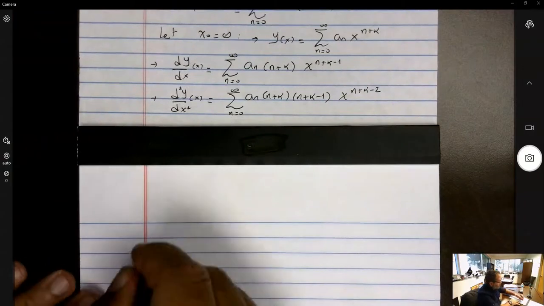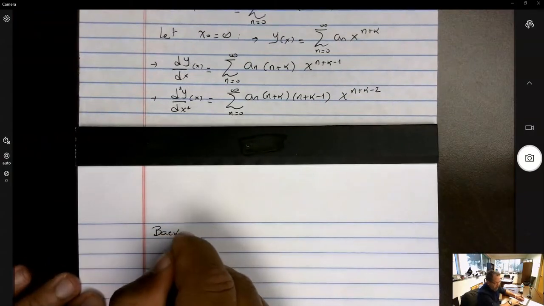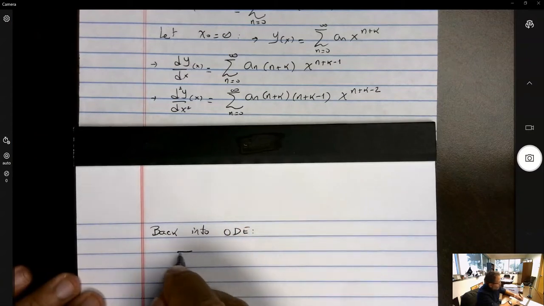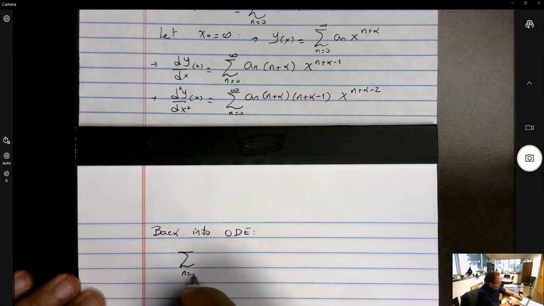So if this is the case, you can plug this back into the ODE. So you get the summation from n equals 0 to infinity.